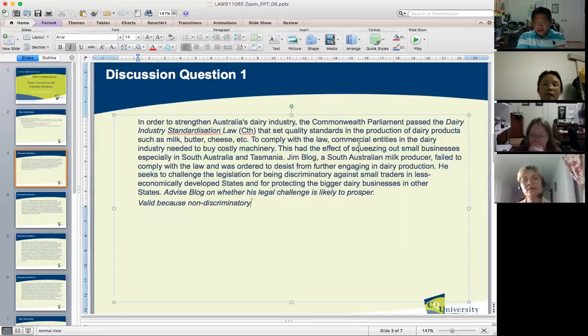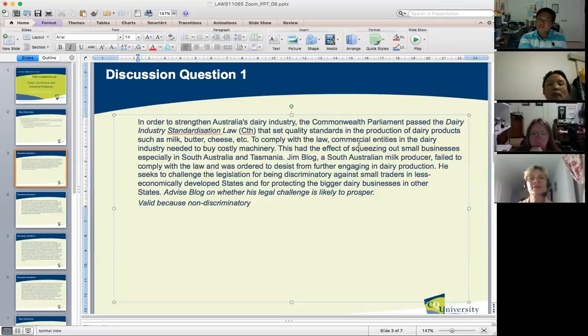And therefore it violates the idea that there should be free trade. If there is free trade, then there shouldn't be any burden or any attempt to discriminate, because otherwise that might run afoul against Section 92 of the Constitution. That seems to be the argument here.